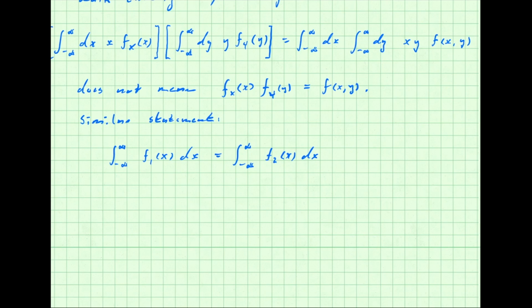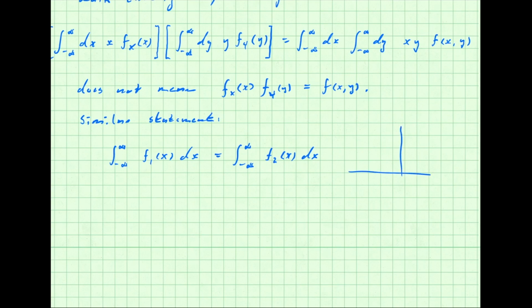Does that mean that f1 and f2 are the same? It does not. If you think about what this means, the left-hand side is saying the total area under the curve f1 is something, and that something is equal to the total area under the curve f2. So both of these curves have the same total area underneath them, but that doesn't mean they're the same curves. Here's an example.